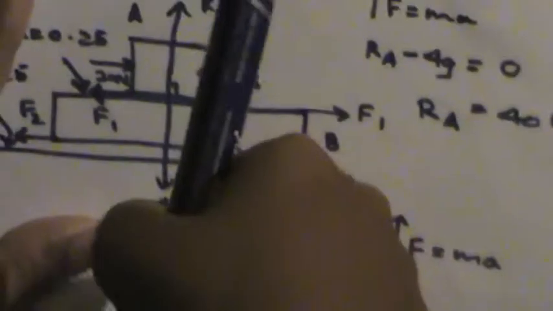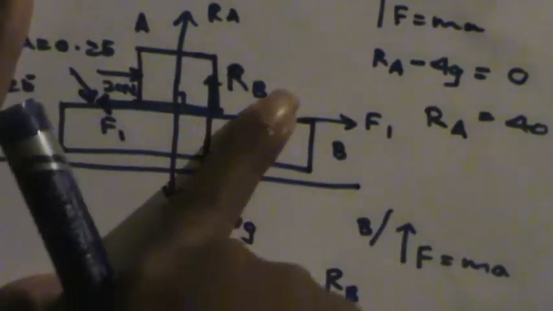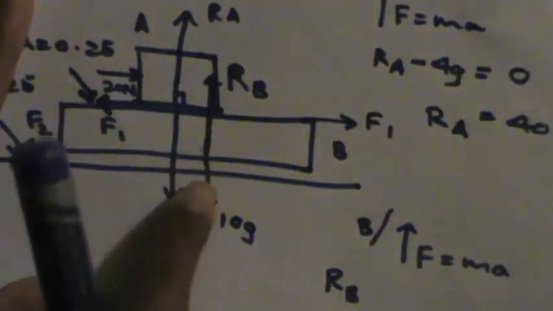For B, F equals ma in the vertical direction. The only upward force is Rb, and in the opposite direction, as I mentioned in the last video, it is not just 10g. It will be 4g plus 10g, because the 4g force of A is already acting on this object, as well as the 10g due to this object's weight.